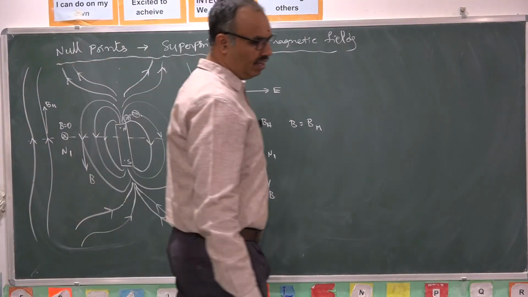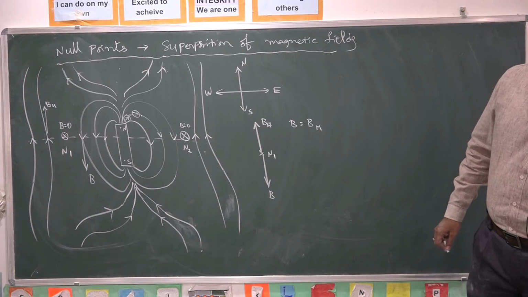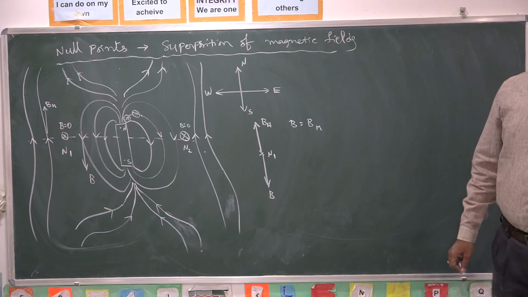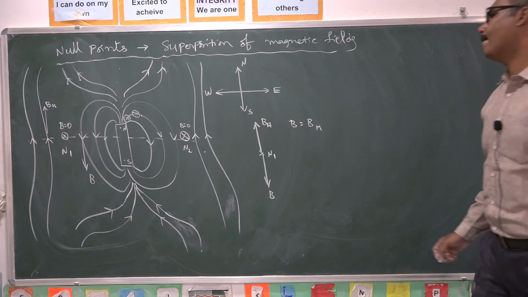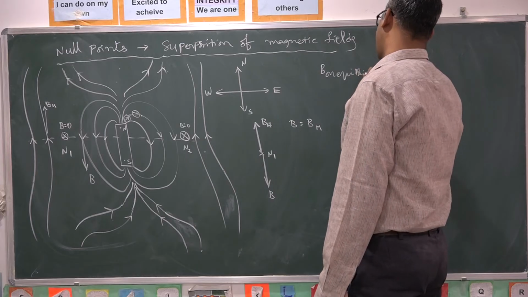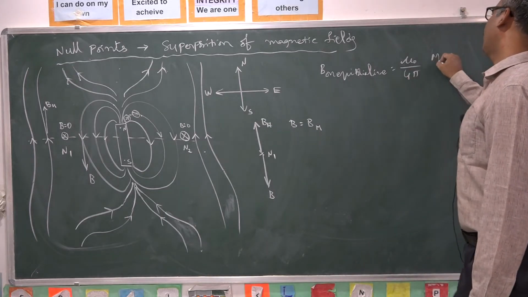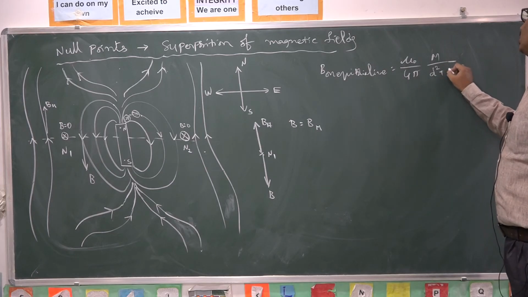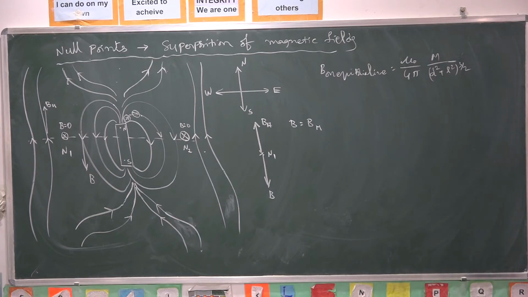On the equatorial line, the magnetic induction is given by B equals mu naught by 4 pi into M by (d square plus L square) whole power 3 by 2. L is the length of the magnet. Actual total length is 2L, we are taking.